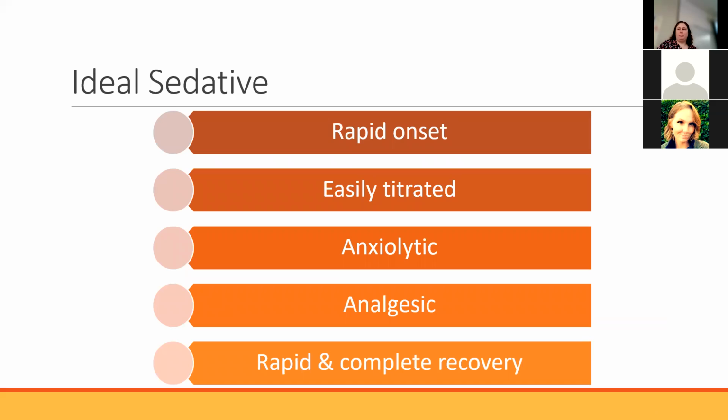Okay, just about there. For sedatives, you want something that's quick, that you can titrate, and that also helps with anxiety as well as pain. Unfortunately, there's not a lot that do both. And then you want something that leaves the system quickly and recovers completely.